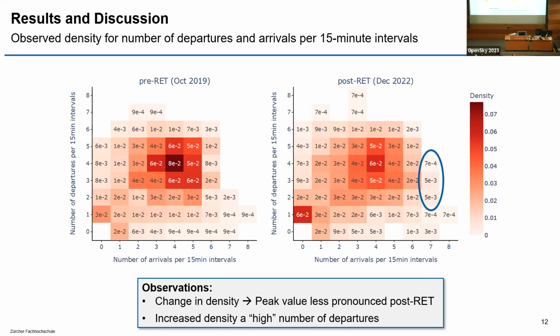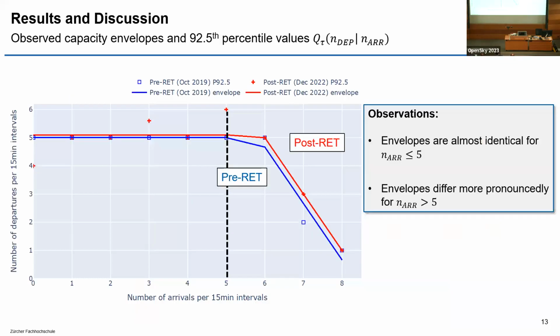That's a first indication, because RETs provide capacity increase only for landing aircraft, so we expect capacity increases to be seen in the areas where the airport is operated or frequented by a high number of landings. So having said that, these are the envelopes which resulted from our studies. Post-RET, meaning after the RET has been installed, is the red curve, whereas pre-RET is the blue curve.